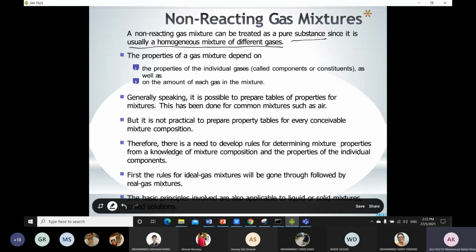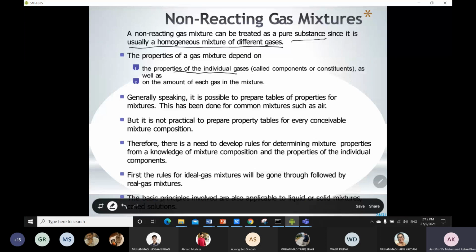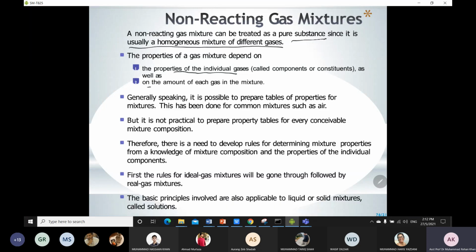It is not just one gas. The property of the gas mixture depends upon the properties of the individual gases. So whatever gases compose that specific mixture, we have to know the properties of each individual component and the amount of each gas in the mixture.